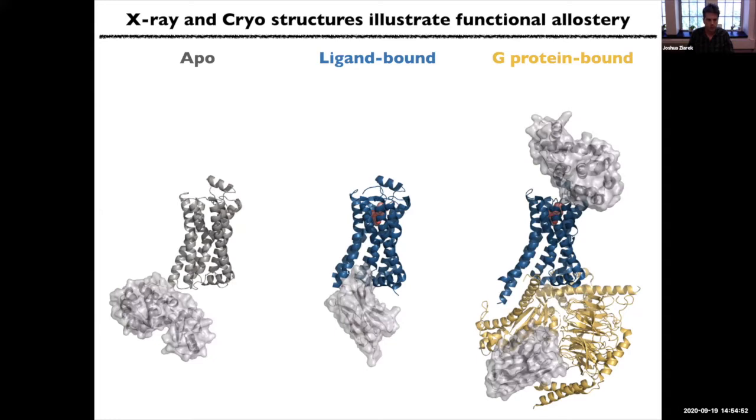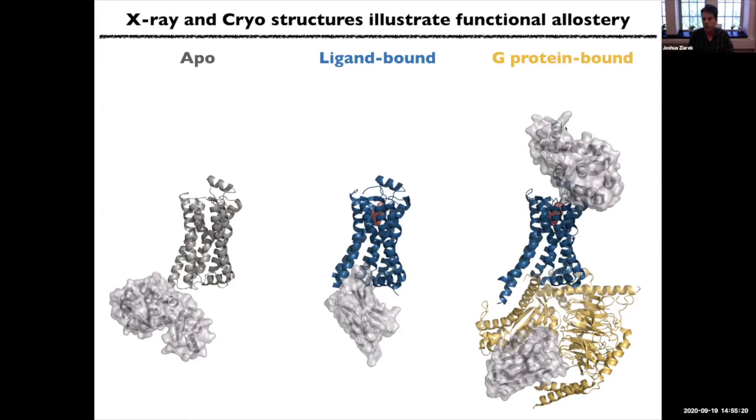The main one is that transmembrane helix 6 moves outward away from the transmembrane bundle as compared to the apo state. And then if you add in a transducer protein, you see an even more substantial shift of this transmembrane helix 6, though for the most part, changes in the rest of the protein aren't really apparent in these average structures generated by cryo-EM or X-ray.